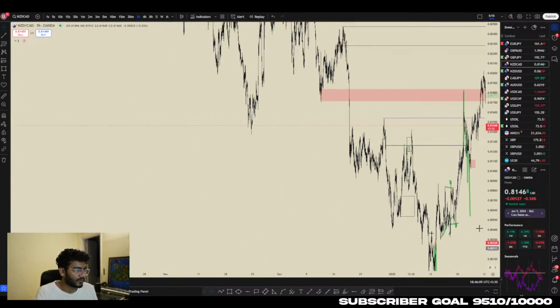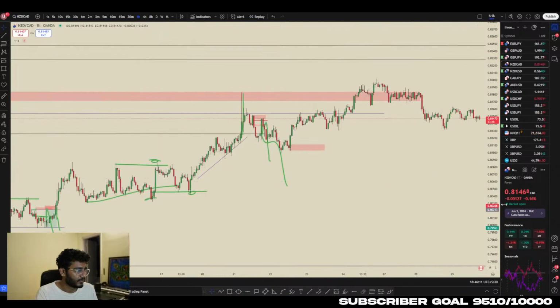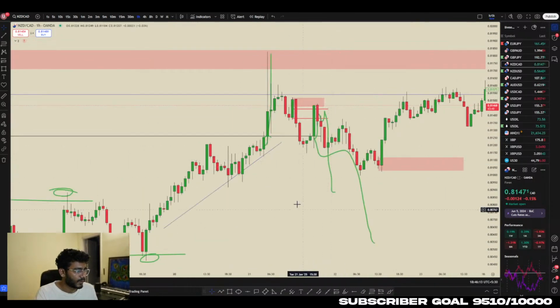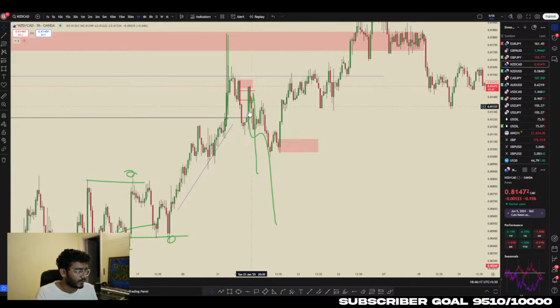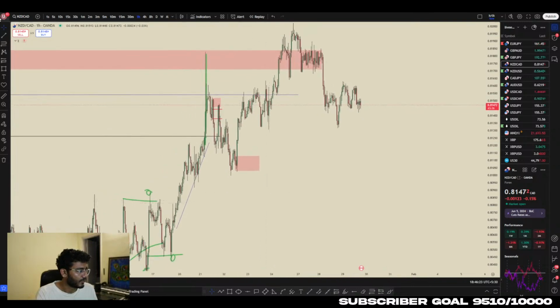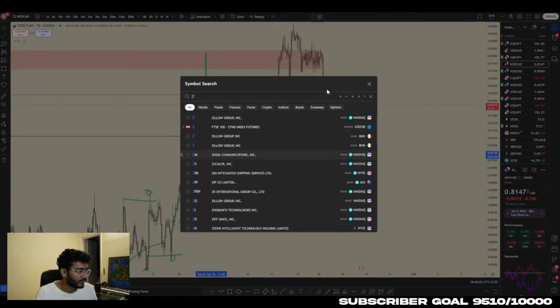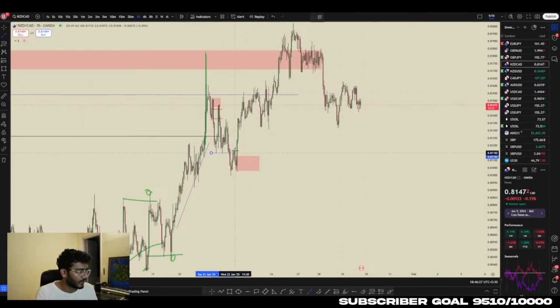Okay, so this was the structure, and I was waiting for price, because price swept the liquidity from here, and then price started to go down. And right now, this was already done. We have this new order block, which is this one. Price created this new order block, which induced these lows.